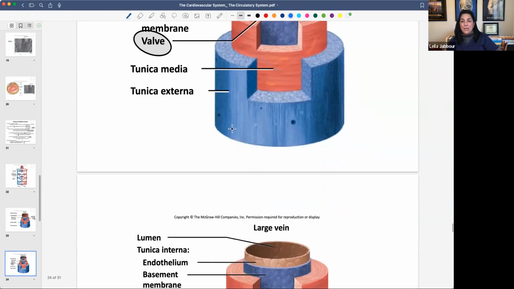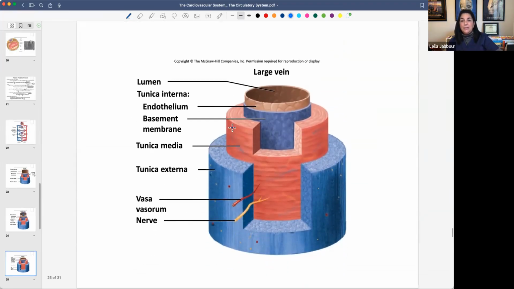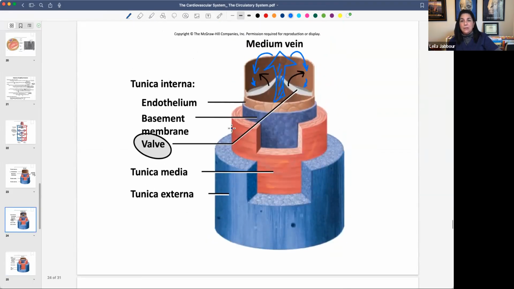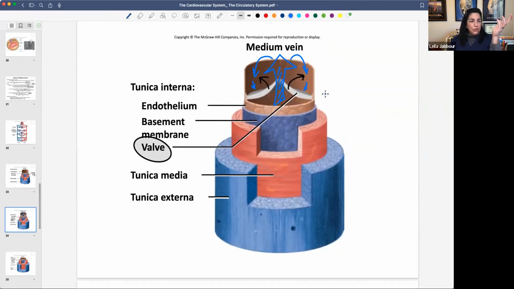Okay. So in large veins, I discussed this when I discussed blood flow through the heart. How is the blood coming into the right atrium via the superior and inferior vena cava? How is the blood arriving there?